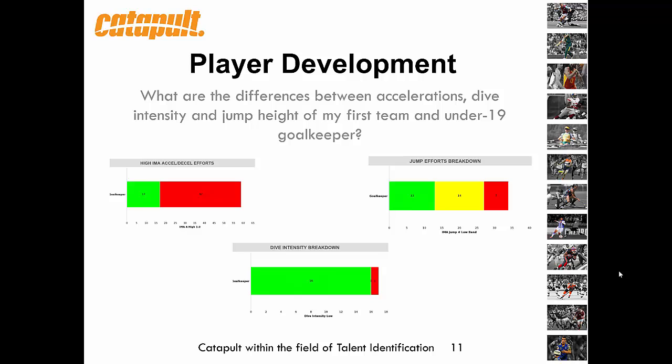And basically what Catapult allows you to do is to assess if your own subjective objectives of the training are being fulfilled or not. Because normally in day-to-day practice, not many people are fortunate enough to have this technology. So this will allow you to become a better professional in the day-to-day work.